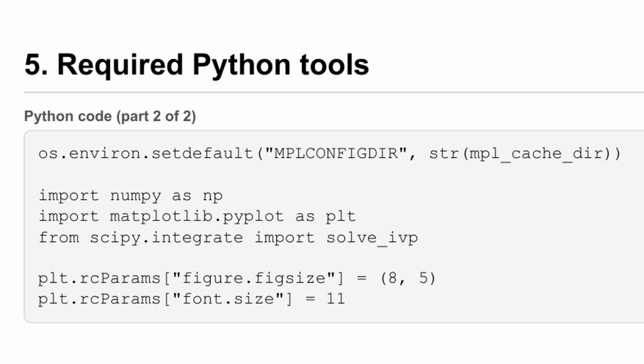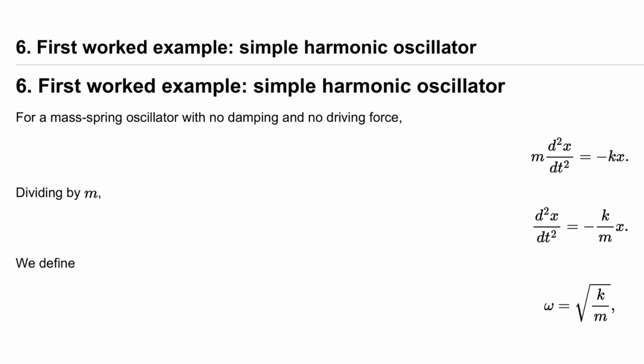Continuing our setup, we import the standard libraries and define the default figure size and font settings for our plots. We use solve_ivp specifically because it offers a more modern and explicit syntax for defining time intervals compared to the older odeint function. Let us apply this to the mass spring oscillator.